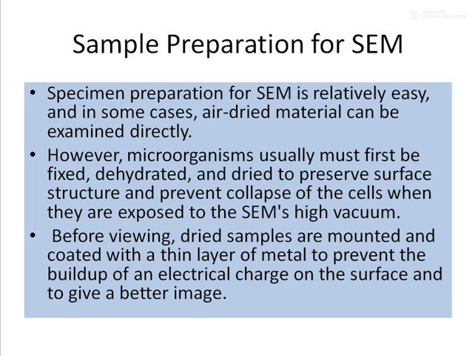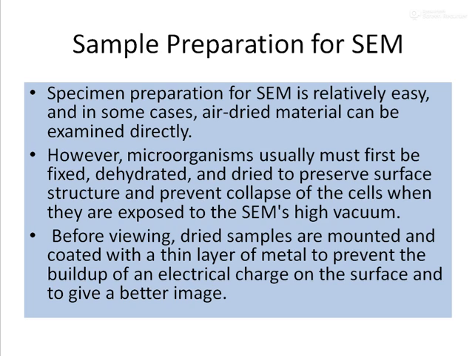The sample preparation of SEM, or the scanning electron microscope, is relatively easy because we do not have to take thin sections, because only the surface morphology of the organism is analyzed by a SEM. So you can even take air dried materials, and sometimes they can be directly viewed by a SEM.